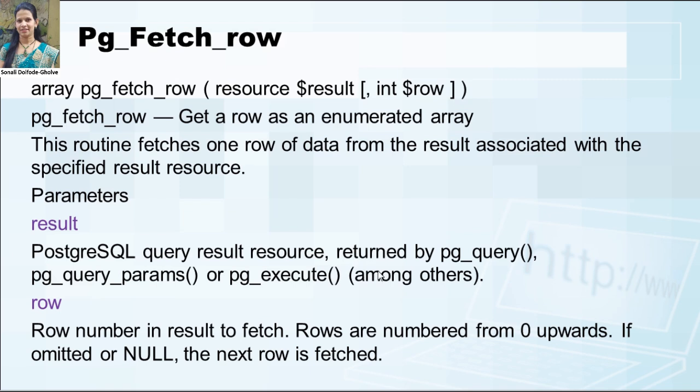Result is the PostgreSQL query result resource returned by pg_query or pg_execute. Row is the row number in the result to fetch. Which row you want, you can give it here. Rows are numbered from 0 upward. If omitted or null, the next row is fetched.